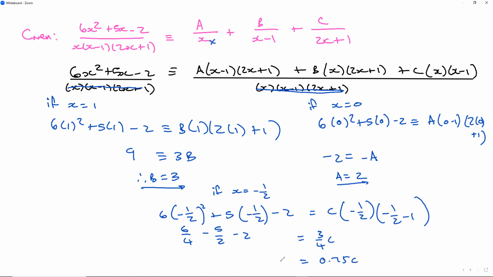And on the left-hand side, I got 6 over 4 minus 5 over 2 minus 2, which comes to negative 3. And so therefore, C will equal negative 3 divided by 0.75, which comes to negative 4. And so C will equal negative 4, and I'm done.